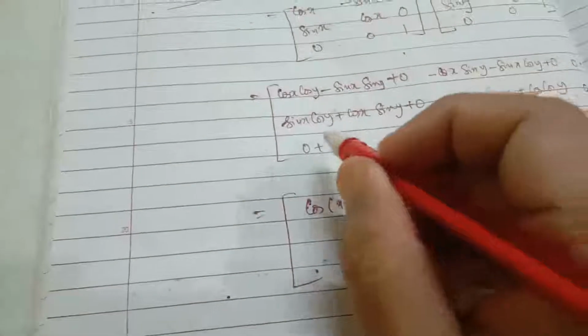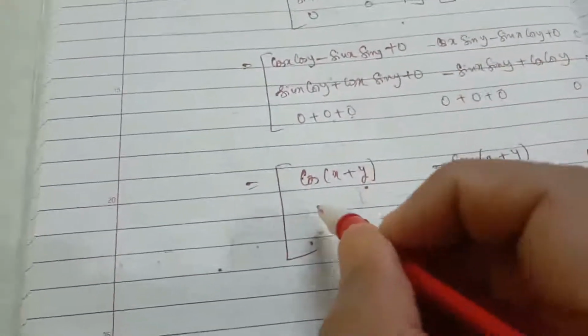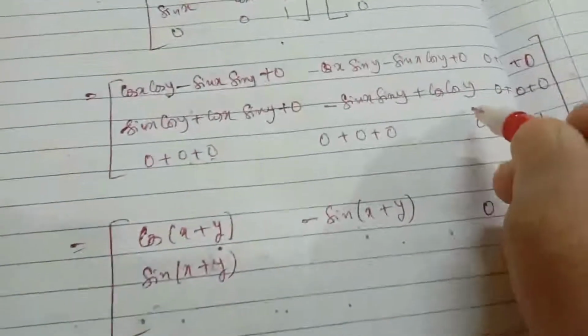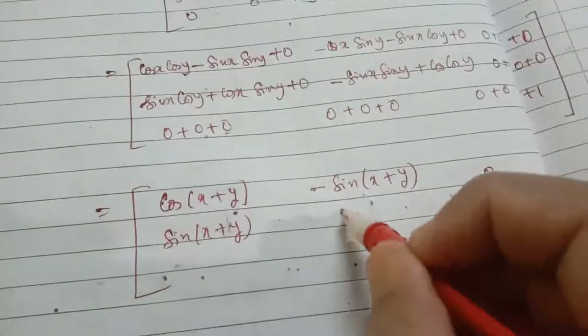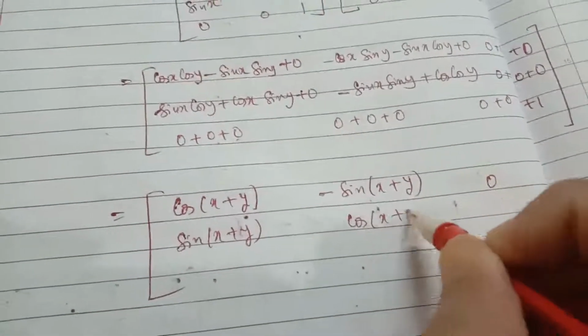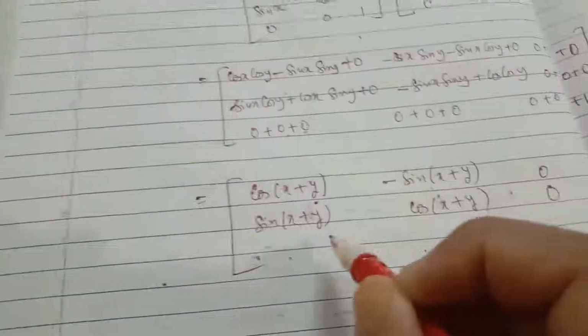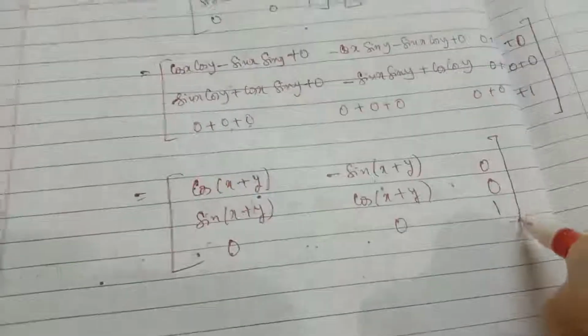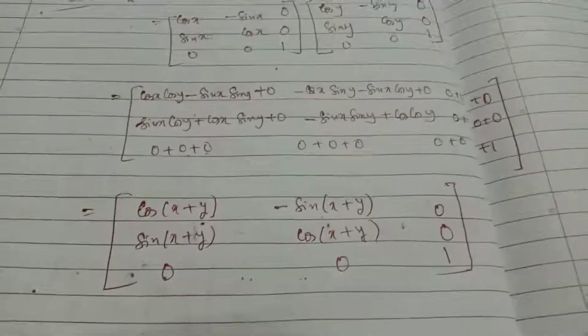This entry is sin x cos y plus cos x sin y, so this will be sin(x plus y). Cos x cos y minus sin x sin y will be cos(x plus y), and this will be 0, and this is 0, 0 and 1. So multiplying f(x) into f(y), we get this.